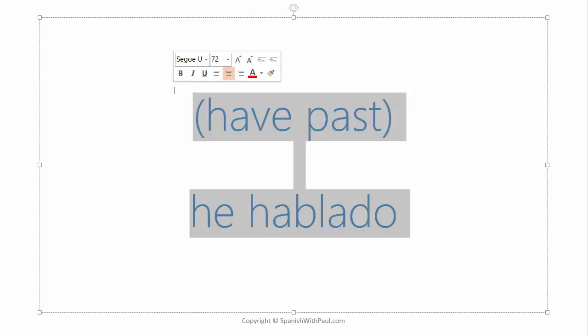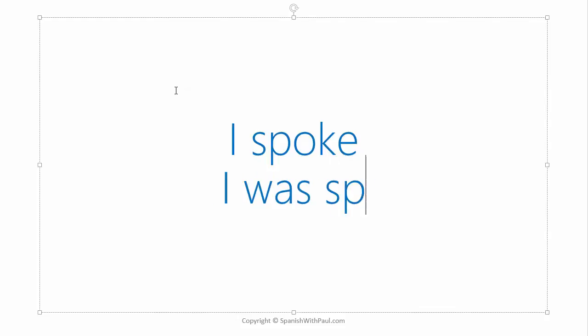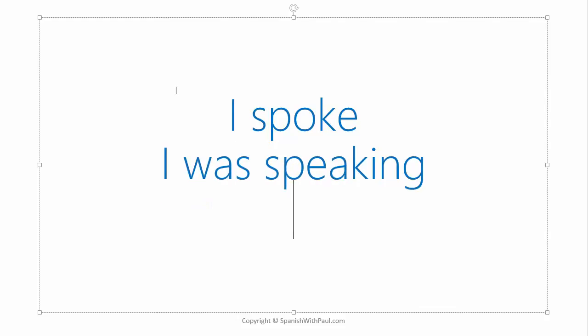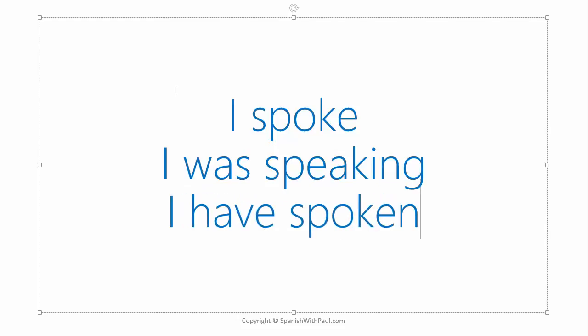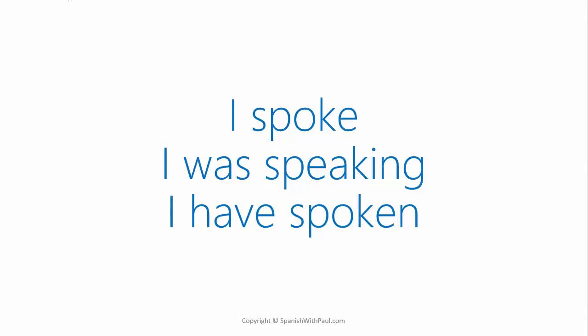So just putting them now in English, we could have I spoke, I was speaking, or I have spoken. All of them, I'm sure you'll agree, essential in English. I mean, in tons of everyday conversations, we need all 3 ways to express the past. And now we also have the same ability to do it in Spanish.